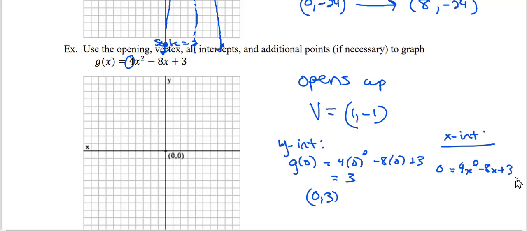I'm going to go ahead and plot these points. 1, -1, 0, 3. 1, 2, 3. By symmetry, I know I'm going to have another point here.